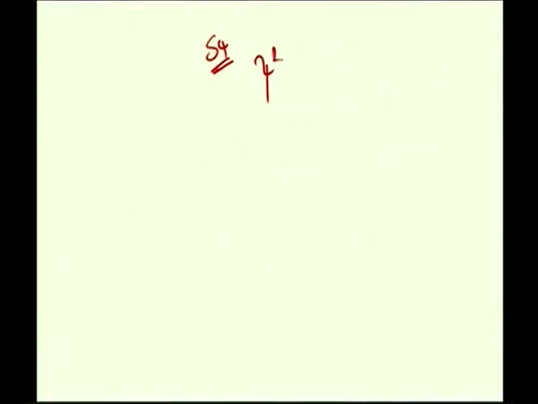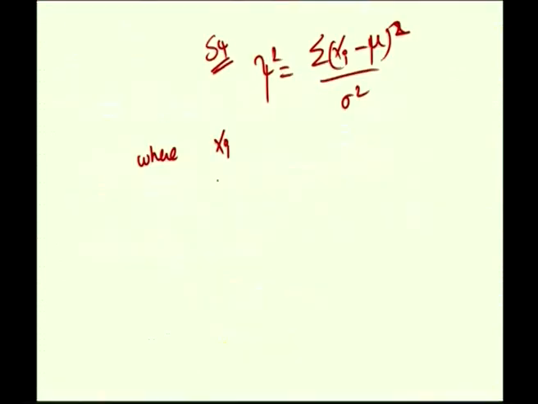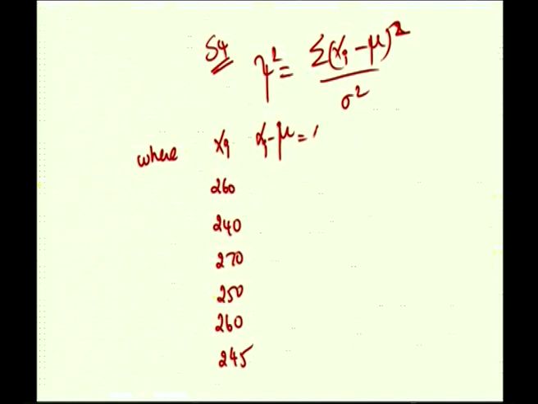Step 4 is the actual calculation part. Chi-square is equal to summation xi minus mu whole square by sigma square, where xi values are 260, 240, 270, 250, 260 and then 245. The xi minus mu values, that is xi minus 250, are 10, minus 10, 20, 0, 10 and then minus 5.